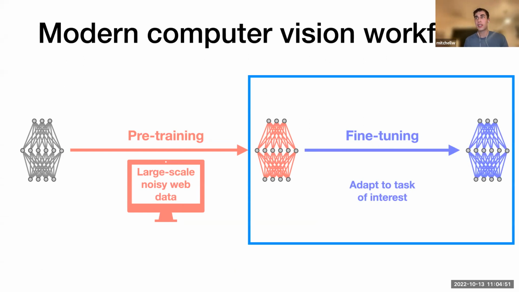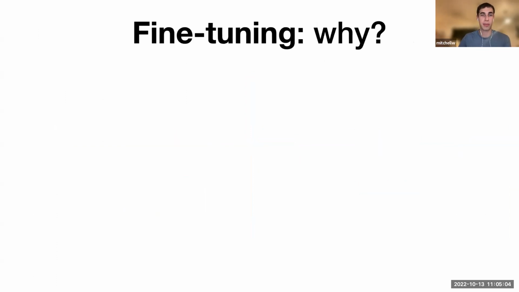And so the second step, fine-tuning, is becoming increasingly important as better pre-trained models such as CLIP or GPT-3 and so forth are becoming available. So let's dive into this second step. Why are we interested in fine-tuning? Well, with fine-tuning, you can often get better accuracy using less data.